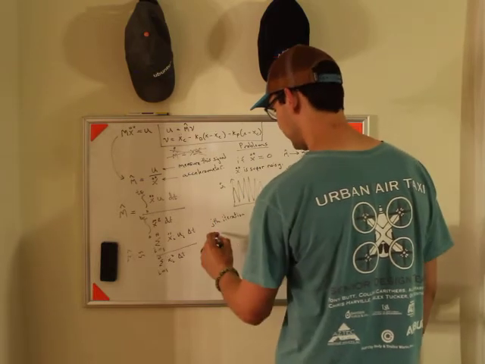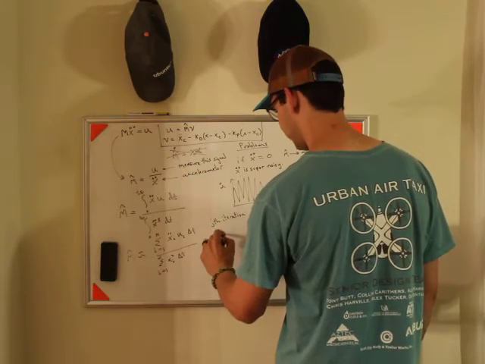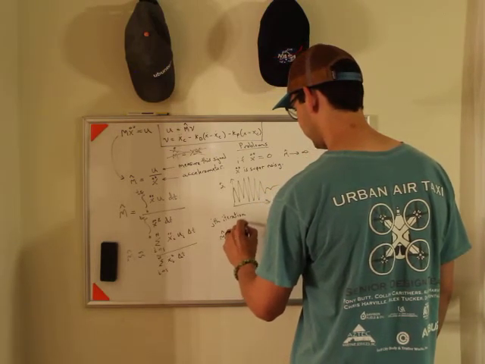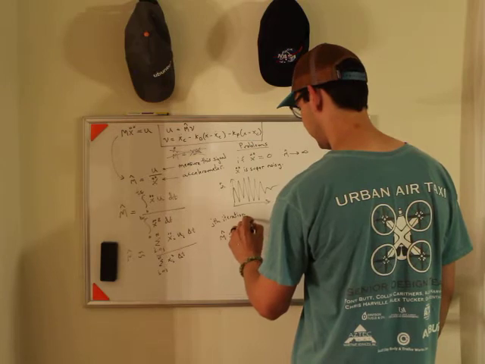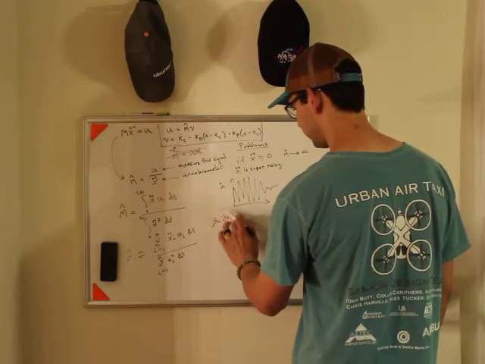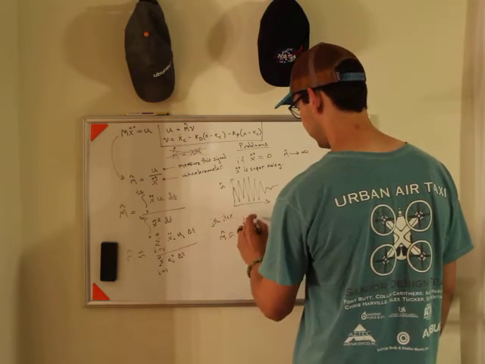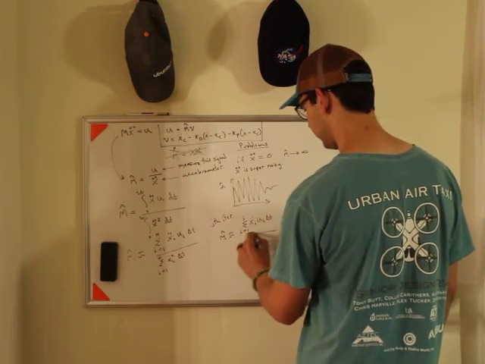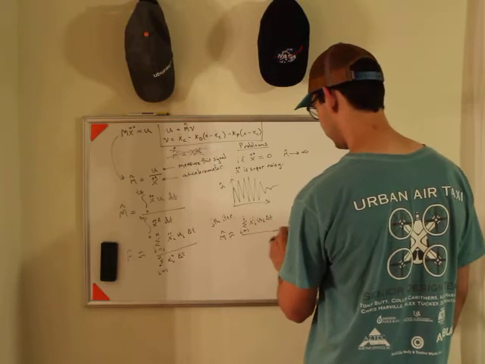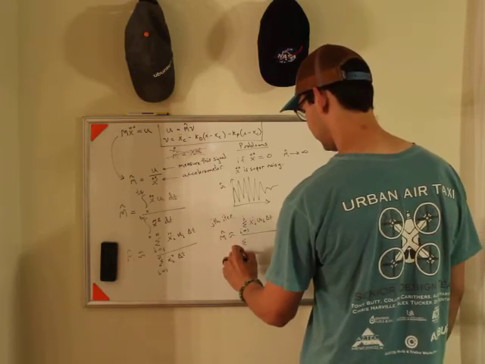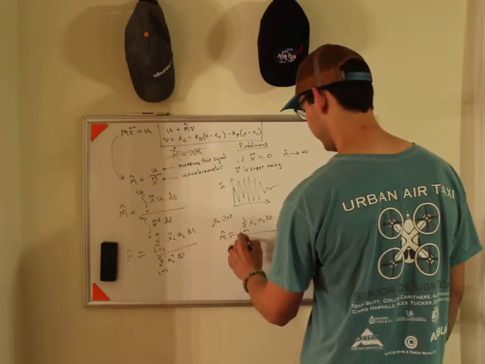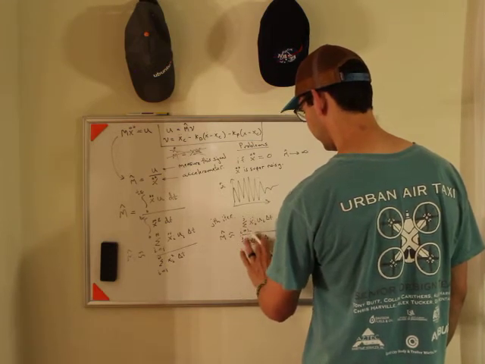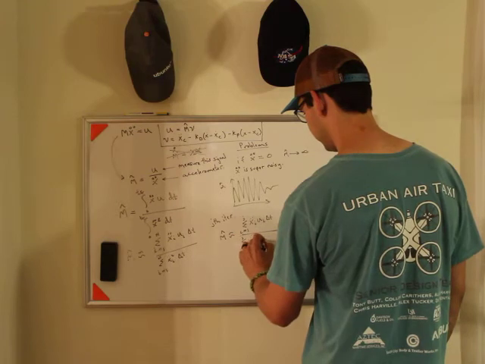Then m hat is approximately the summation from i equals 1 to j of x_i double dot u_i delta t, I'm assuming the time steps are the same, divided by the summation from i equals 1 to j of x_i double dot squared u_i.